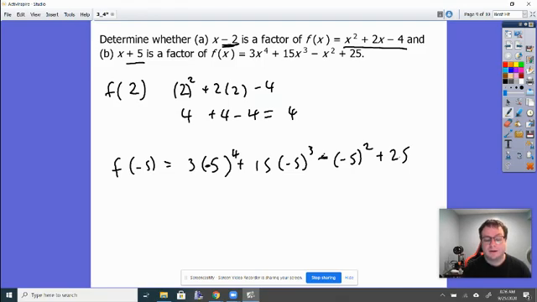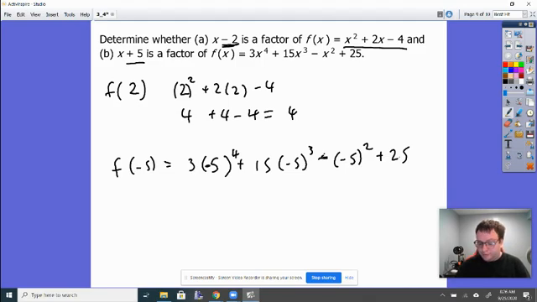I want to be careful here that I am keeping those negatives where I need them, especially with the parentheses, because if you put this in the calculator, it's going to be important that you are following the rules there.